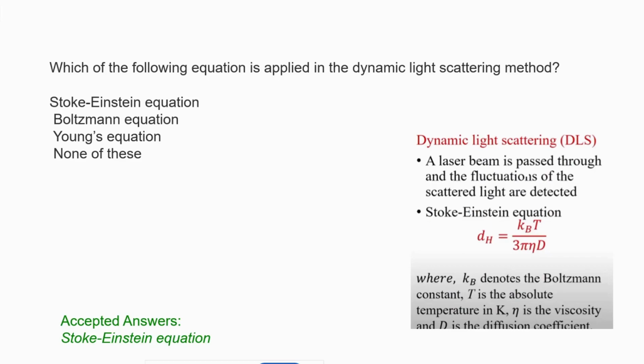The Stokes-Einstein equation is dH equals kBT by 3 pi eta D, where kB is the Boltzmann constant, T is the absolute temperature in Kelvin, eta is the viscosity, and D is the diffusion coefficient. This gives a diameter dH, and based on that, we can also analyze the protein aggregation.